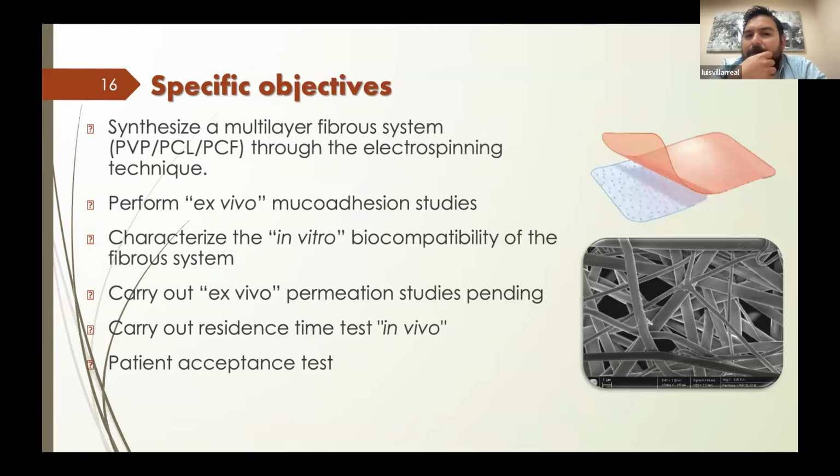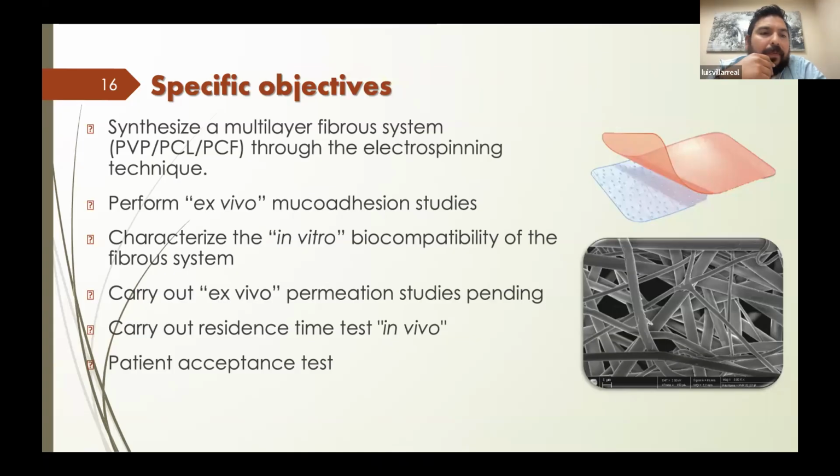But right now we are working with some biological characterization of this mucoadhesive that has a multi-layer system where we have three polymers working: polyvinyl pyrrolidone, polycaprolactone, and polycarboxyl polymer. These polymers have different functions.